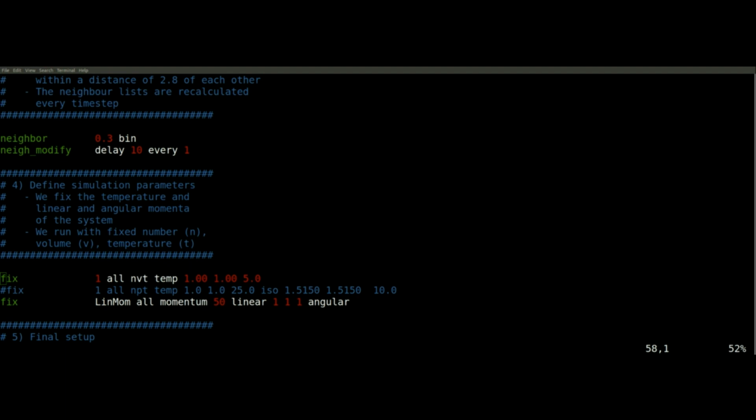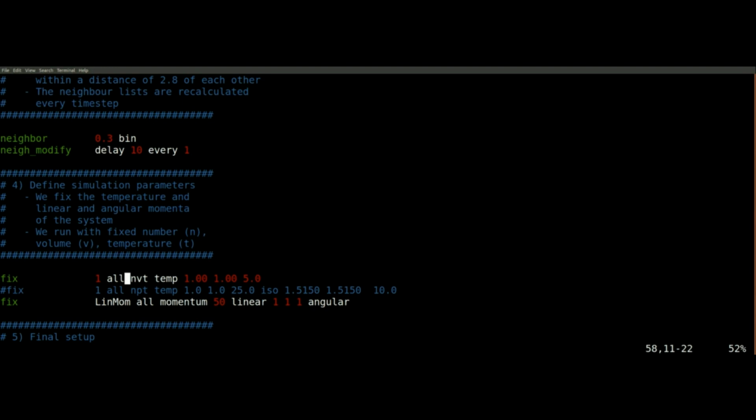In our case, we've only got two fixes at the moment. We've got one fix here, which I've called 1 inventively. And it is a fix that I have decided will affect all particles, and it fixes NVT. This is, for those of you who are into thermodynamics, the canonical ensemble fix. What I am saying here is I am telling LAMMPS, I want you to run a simulation, and in that simulation, I want you to make sure that these never vary or vary by very little.